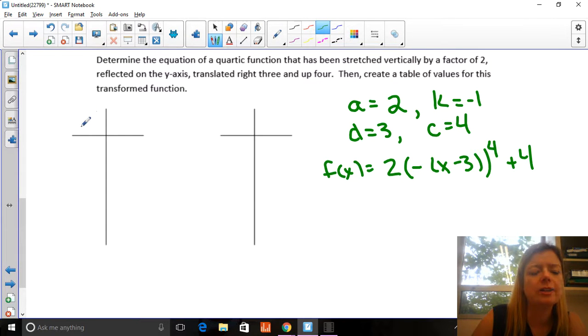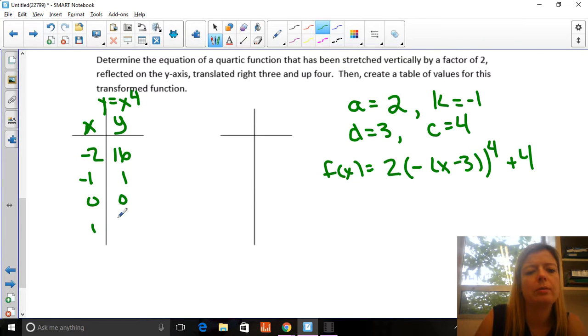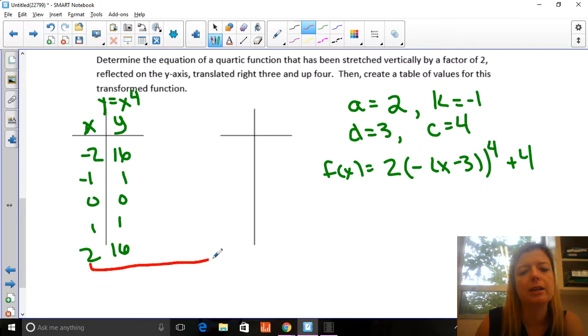So now I can just start by making my initial table of values for my parent function of the quartic. So -2, 16, -1, 1, 0, 0, 1, 1, 2, 16. Okay, and then transform each of those points. So from here to here, the x values are all being divided by -1 or multiplied by -1.